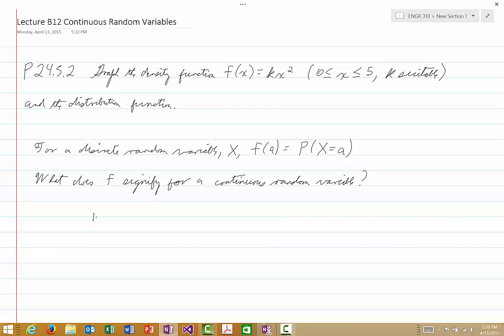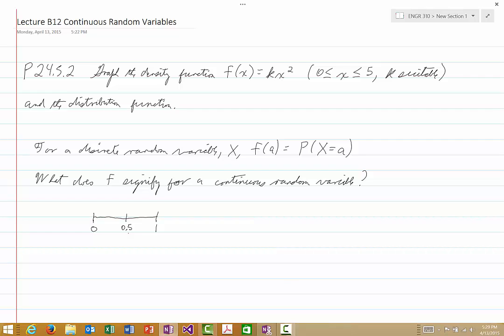Suppose that we have a line here from 0 to 1, and let's say that we are throwing a dart somewhere on this line, and it can land anywhere on the line.